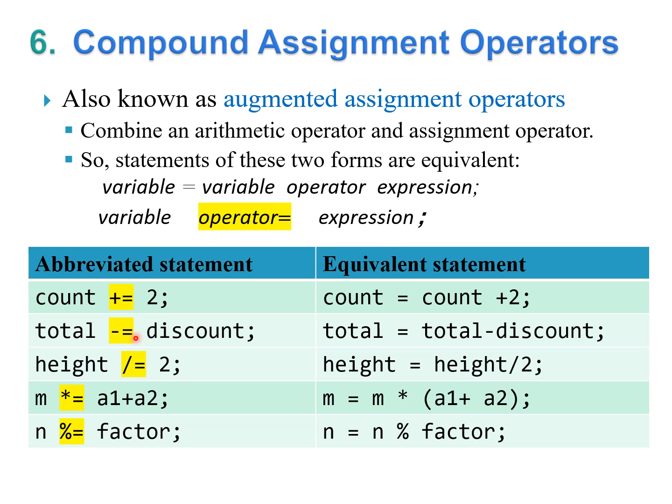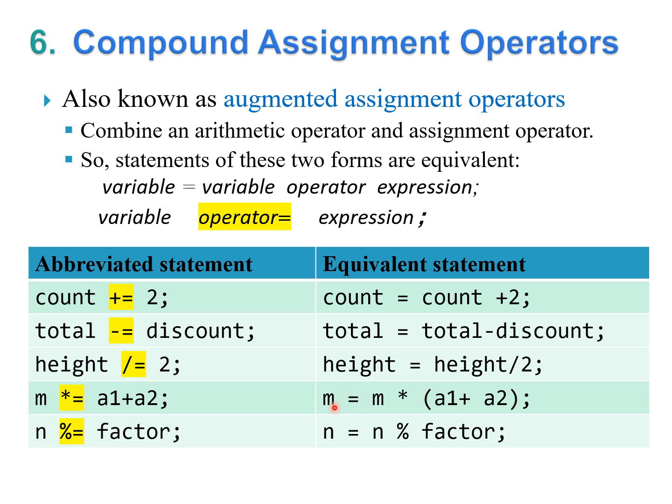Similarly, the assignment total equal total minus discount is equivalent to the statement total minus equal discount. And the assignment height equal height divided by 2 is equivalent to the statement height divided equal 2.